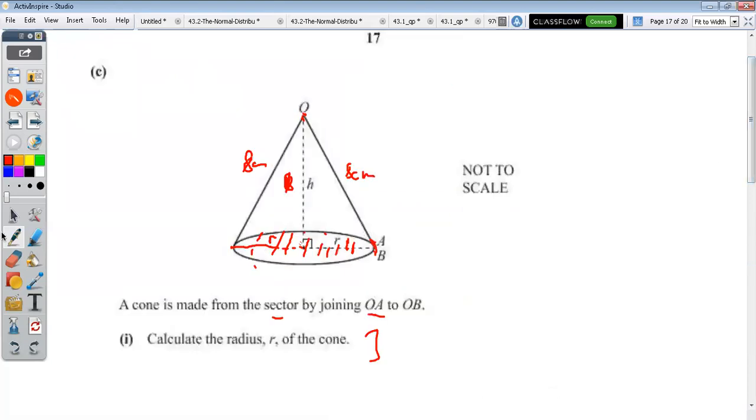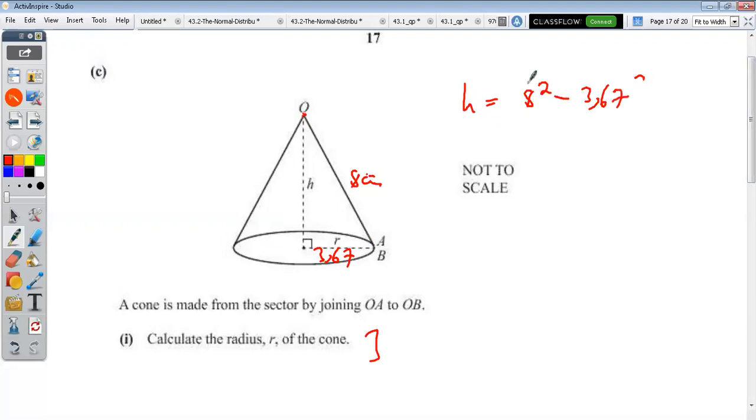We go back to this shape here. We're going to use Pythagoras. So we said the radius is 3.67, and we know that this is 8 centimeters. So how do I find h? This is 90 degrees. So h is equal to the square root of 8 squared minus 3.67 squared.